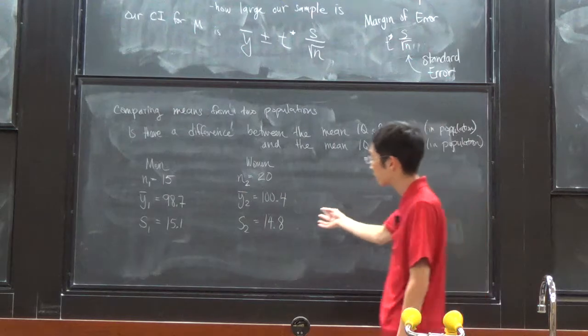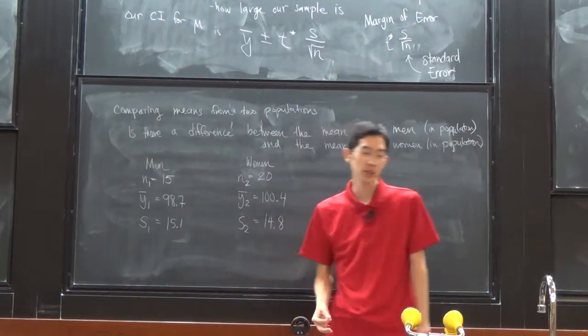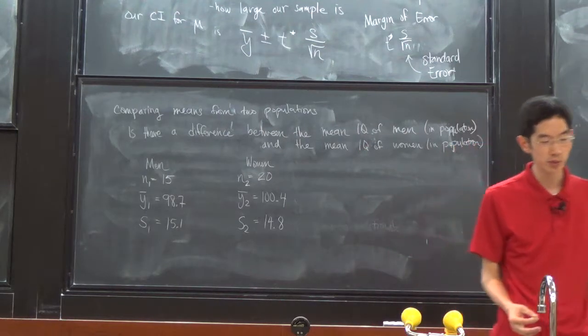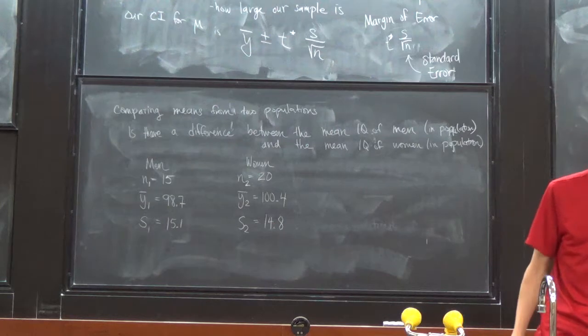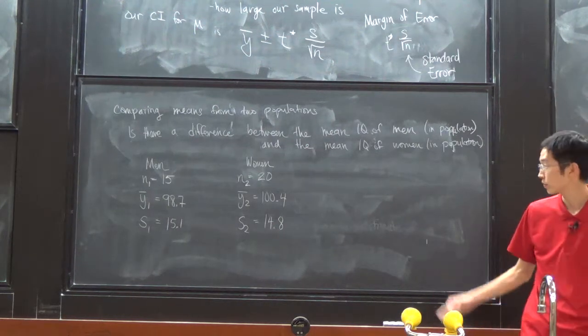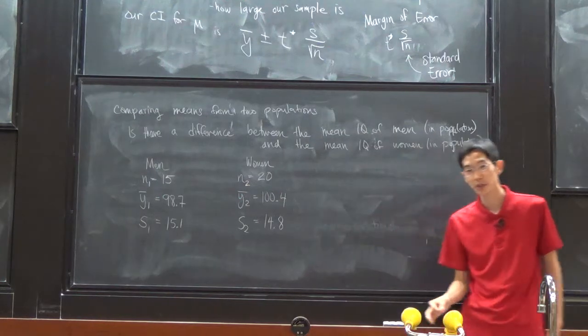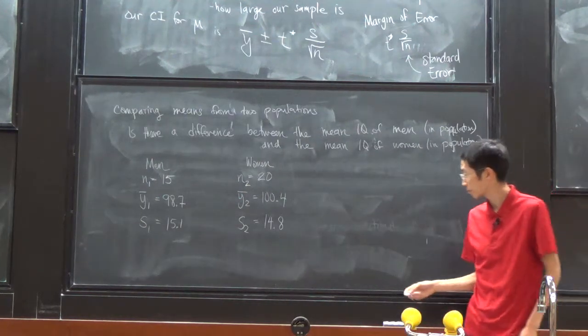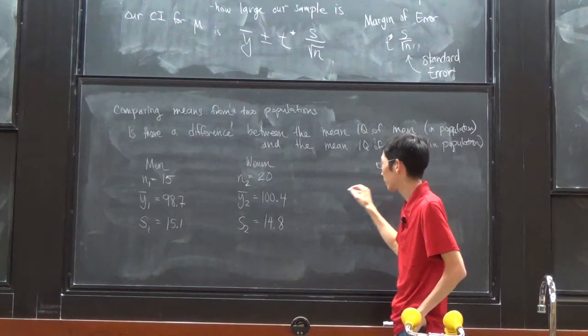Seeing that there is a good amount of variation within each sample gives us further reason to believe that maybe there isn't a difference between the true mean value of men's IQ and women's IQ.